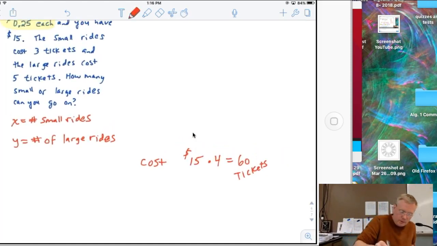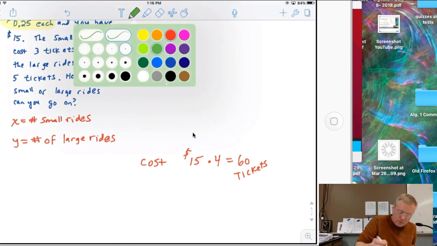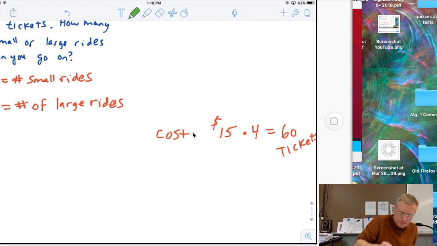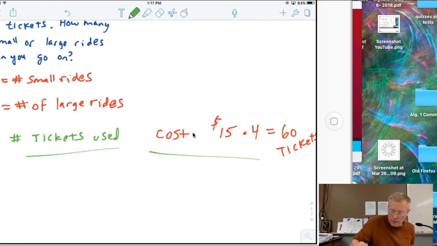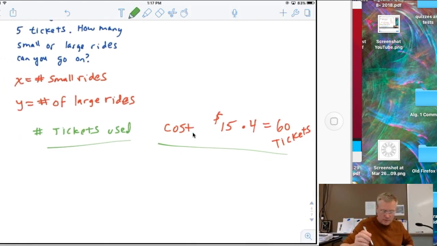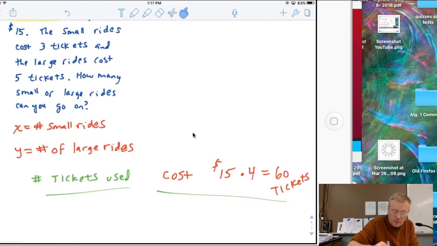Now over here on the left side, I'm going to talk about the number of tickets that we use, okay? All right, so on the right I got the cost, and on the left I got the tickets. Okay, so x, small rides. They said small rides are 3 tickets each.